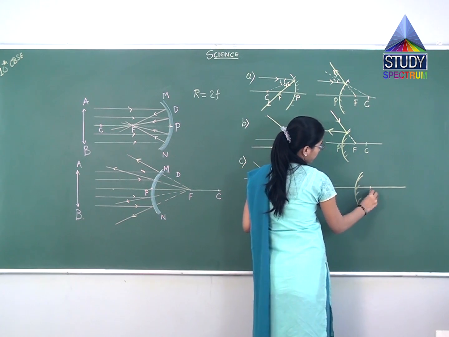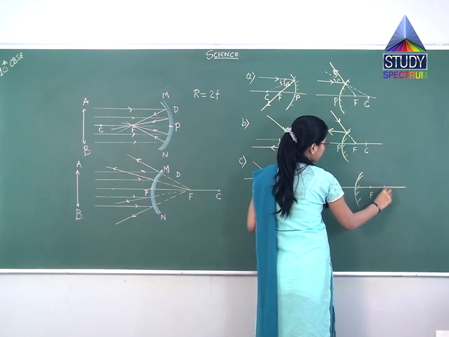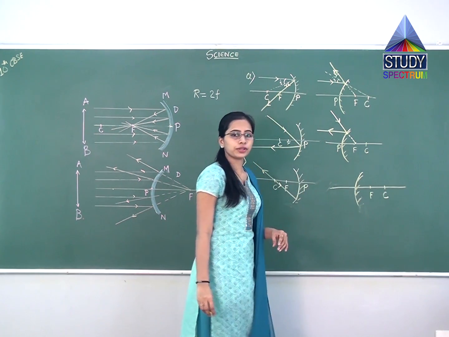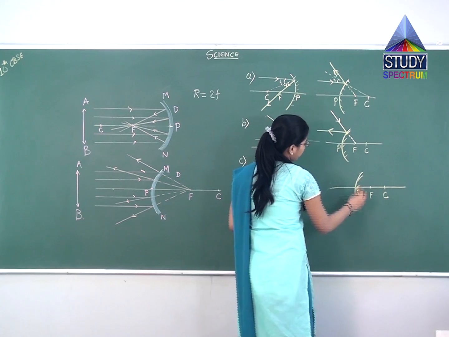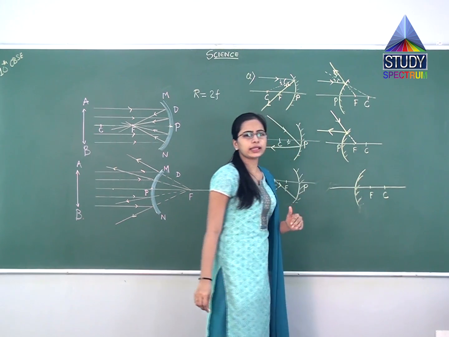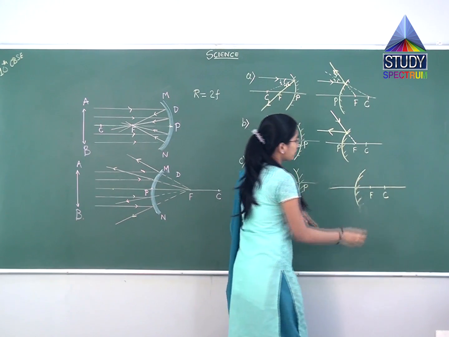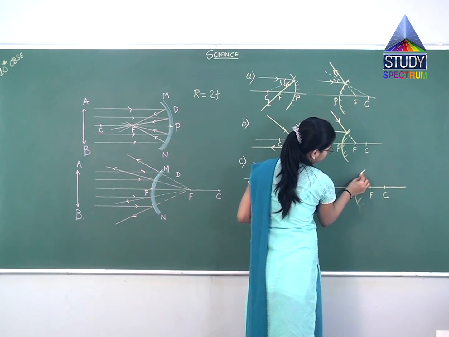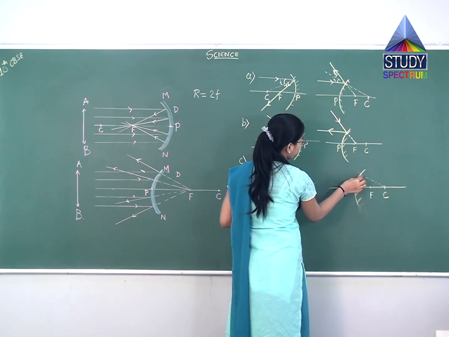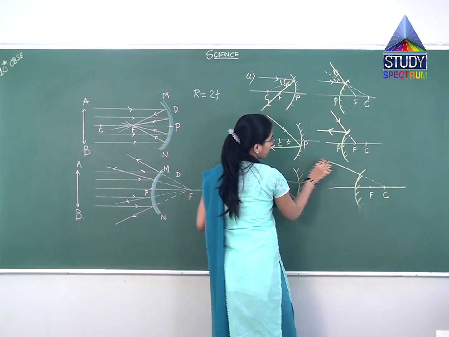Now, suppose this is your focus and this is your center of curvature here. Now you will say, how can we do this? Suppose I am taking one ray like this.